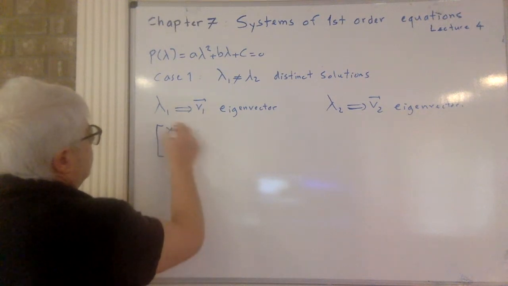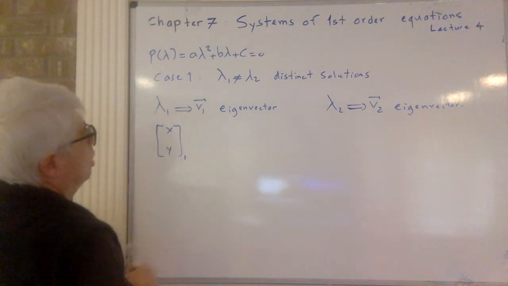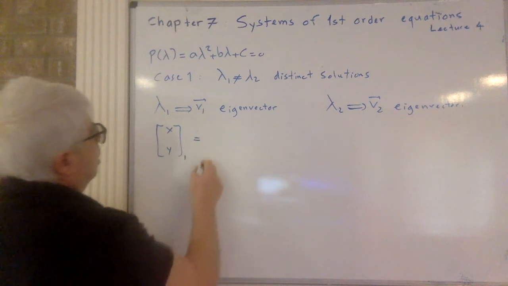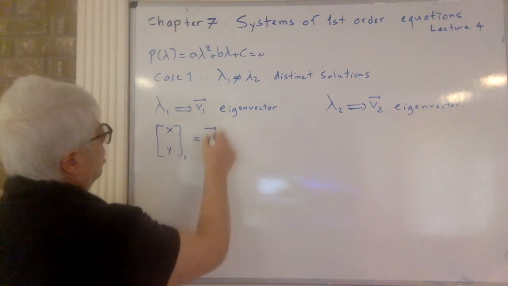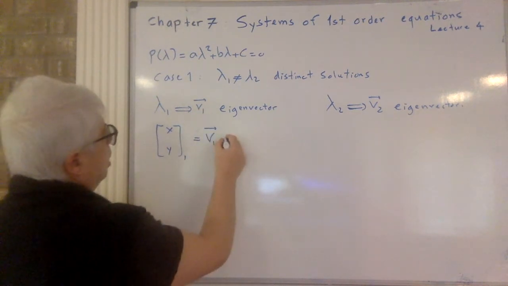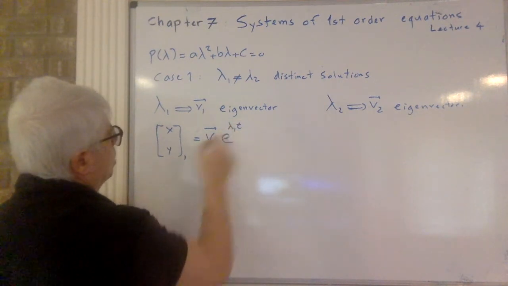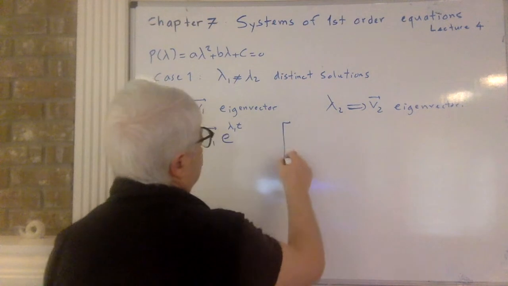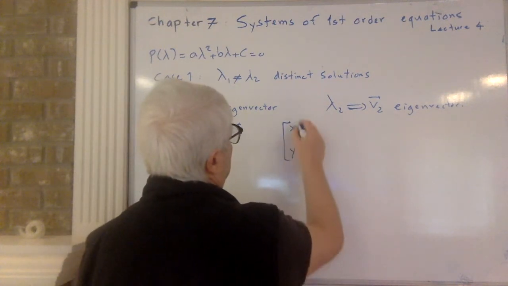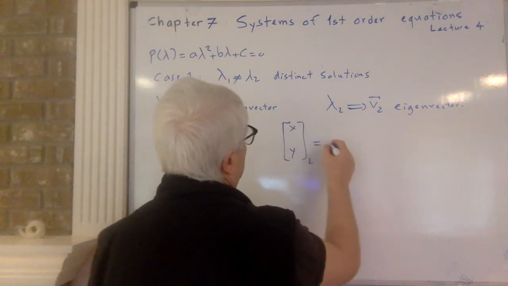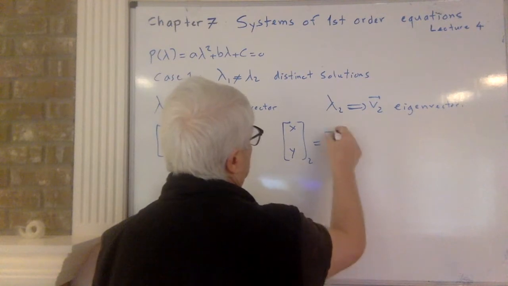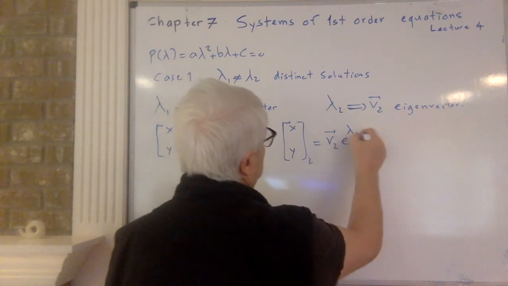The first one will be v1, a vector, e to the power lambda 1 t, and the second one is v2 e to the power lambda 2 t.